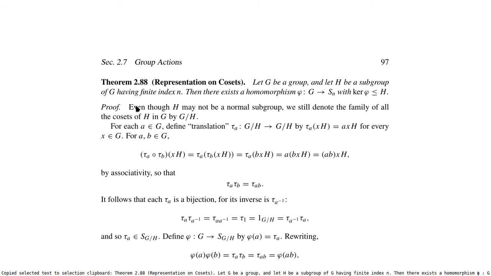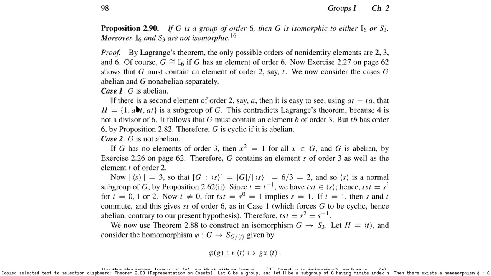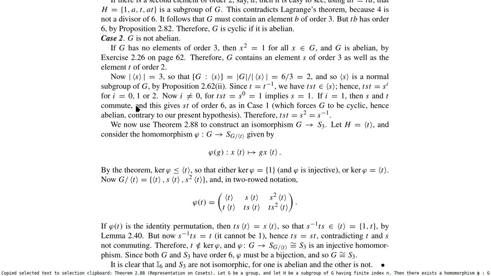And the kernel of the homomorphism is going to be included in the subgroup itself, right? So the kernel of phi is included in the cyclic group generated by T, which means that the kernel is going to be the identity. That is when phi is going to be injective.